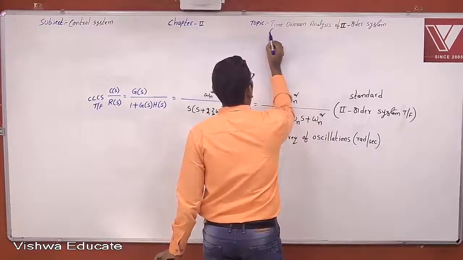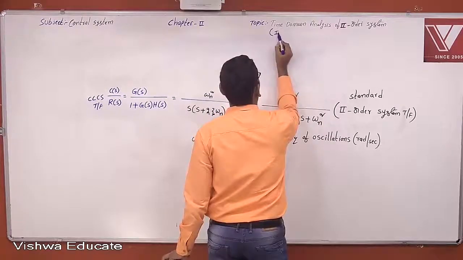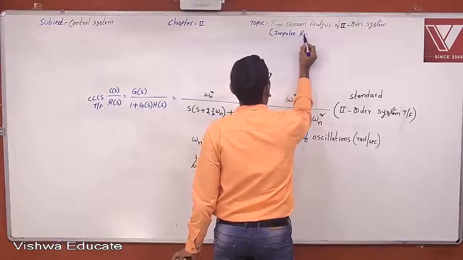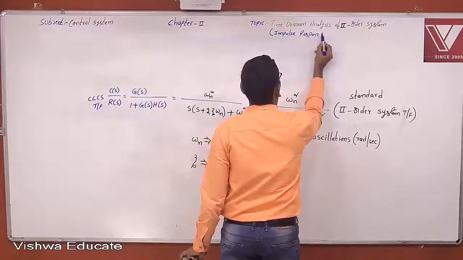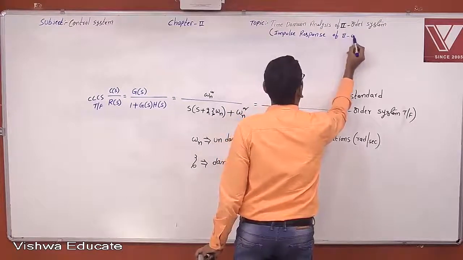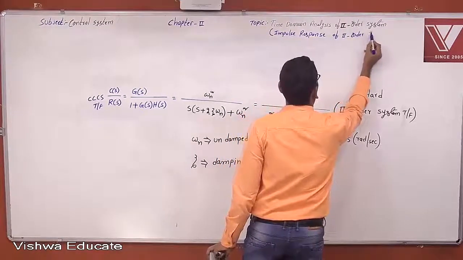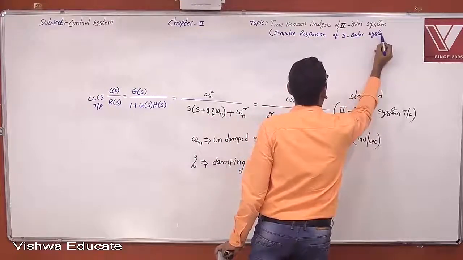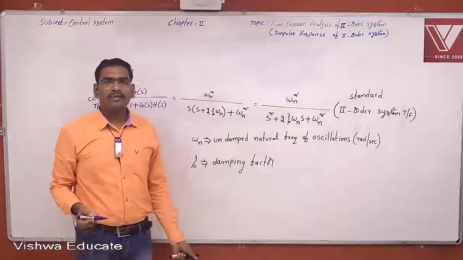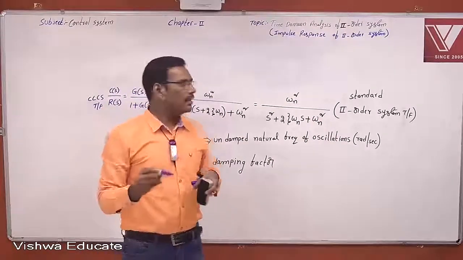Under that, we will see the impulse response of this second order system. When do you get the impulse response? The impulse response is the response after applying the impulse input.